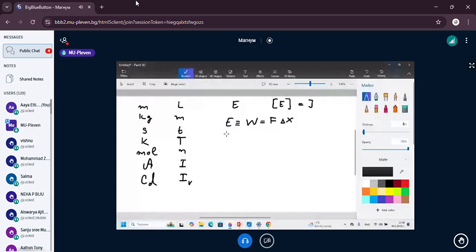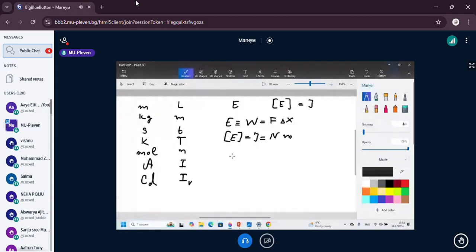So thus, the unit of measure for energy, the joule, is, having in mind the formula, force measured in Newton, distance in meter. But Newton is not a base SI unit of measure.